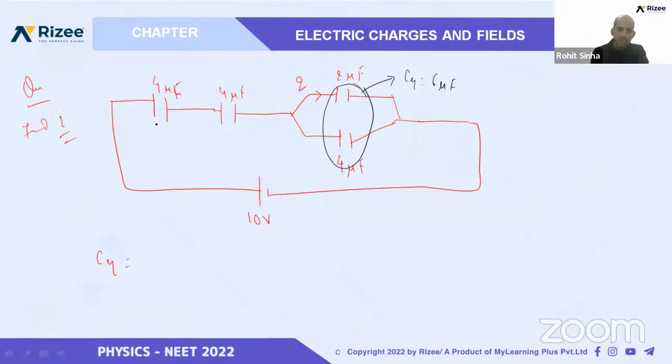Okay, now 3 capacitance, 4, 4 and 6. How to solve this with a shortcut? We know for these two we can write 2 microfarad. Now, 2 microfarad here and 6 microfarad here. Both are in series. We can write like this, multiply both of them and add both of them.